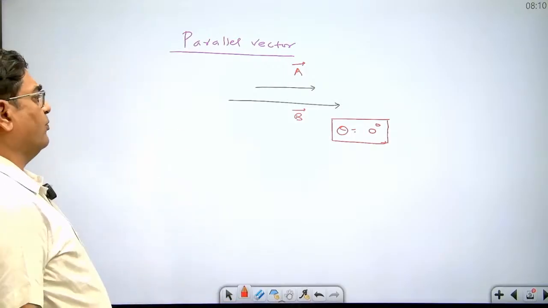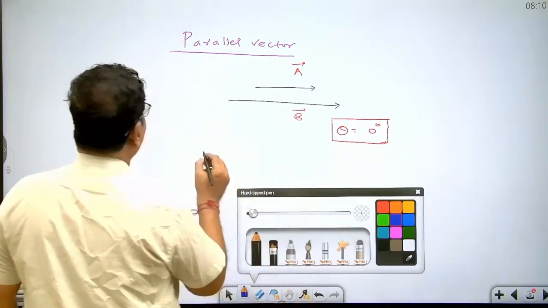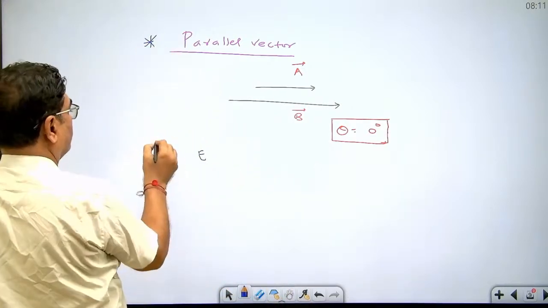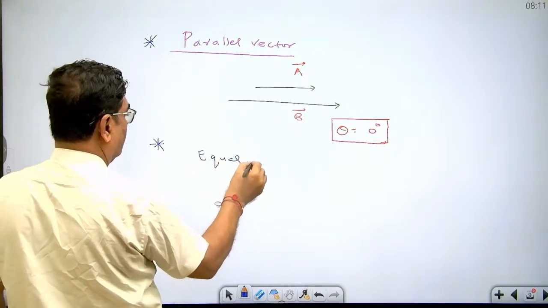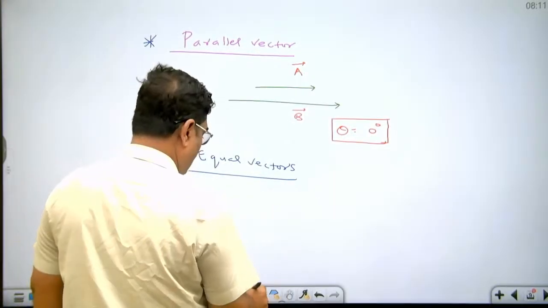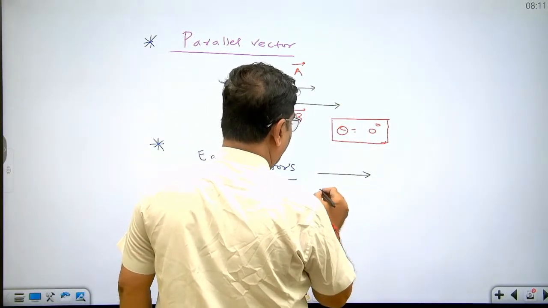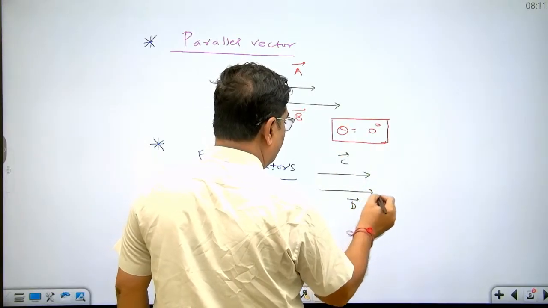If magnitude of two parallel vectors is same, then they will become equal vectors. So let's learn about the equal vector also. Two vectors are said to be equal vectors when their direction is same and magnitude is also same.